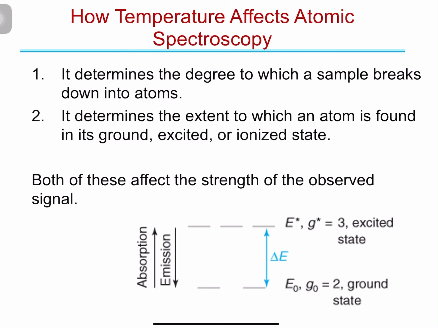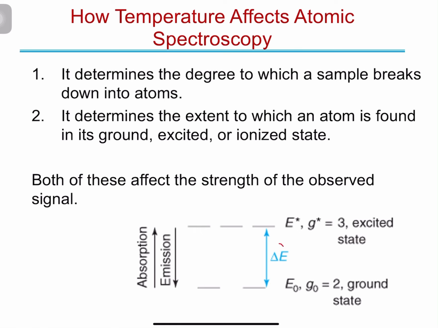So if the temperature determines the extent to which the atoms will be found in the excited state and the ground state, it must affect the intensity of the light measured by the detector. First, we have our electrons in their ground state, and as they absorb energy, they will be excited into the excited state.